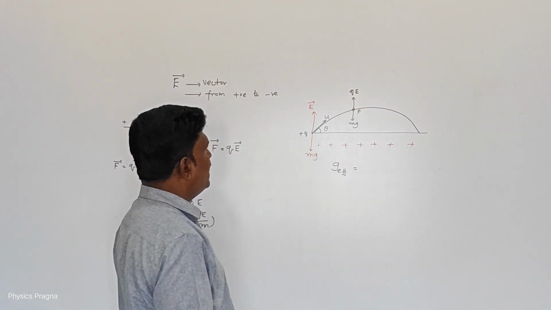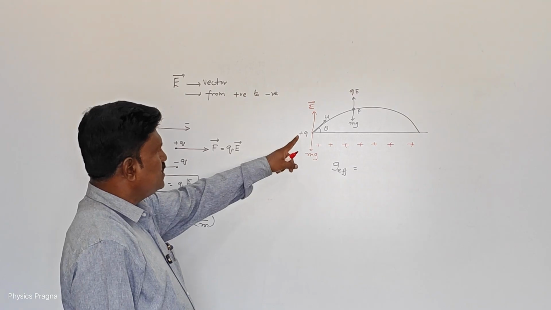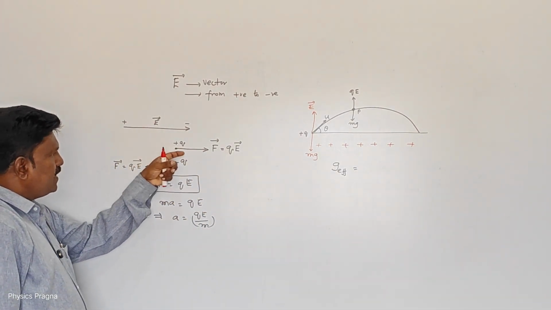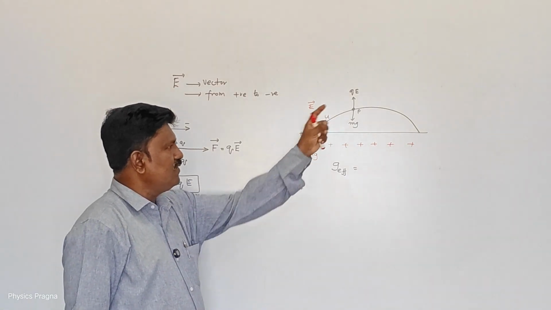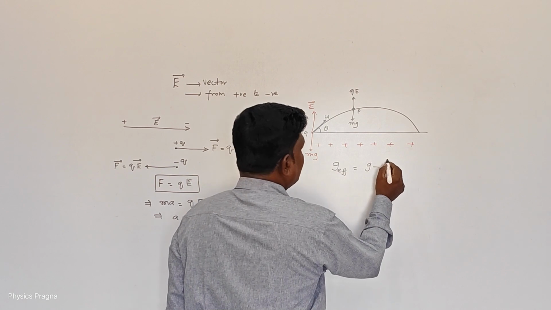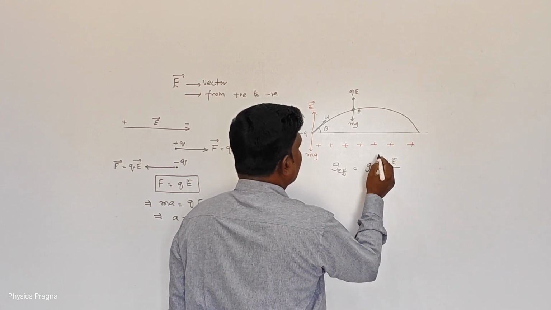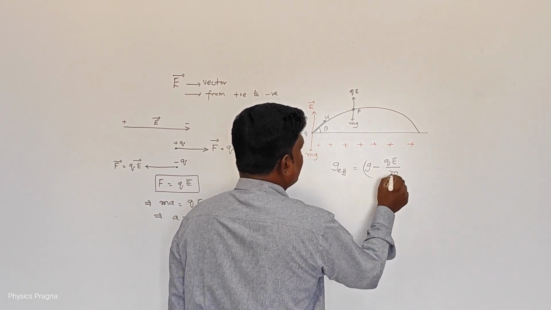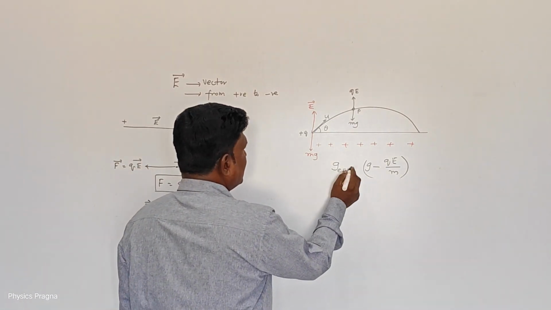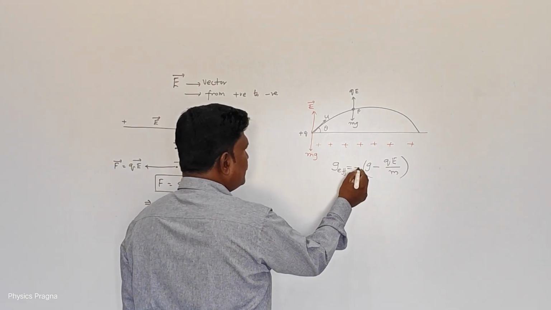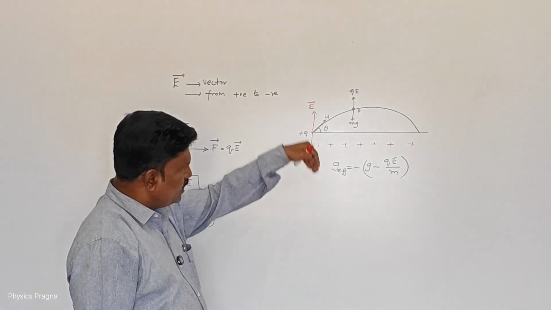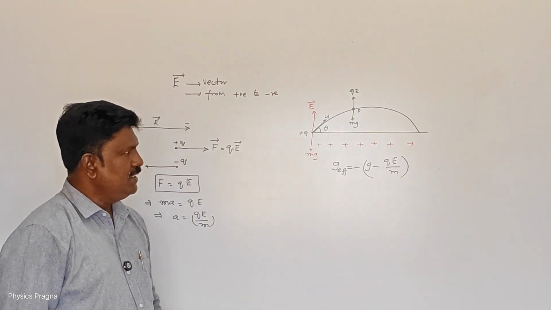This is the force exerted by the electric field on the positive charge. Always, for a positive charge, the electric field applies the force in the same direction as the electric field. That's why g effective is g minus QE by m, right? Actually, this is a negative one. Why? Because g is acting downwards, along the negative y-axis, so we put negative here.